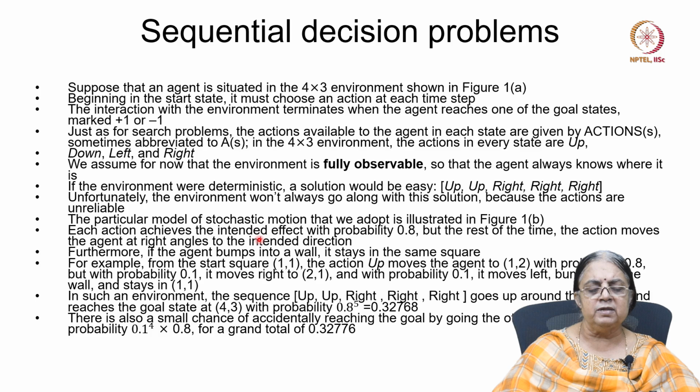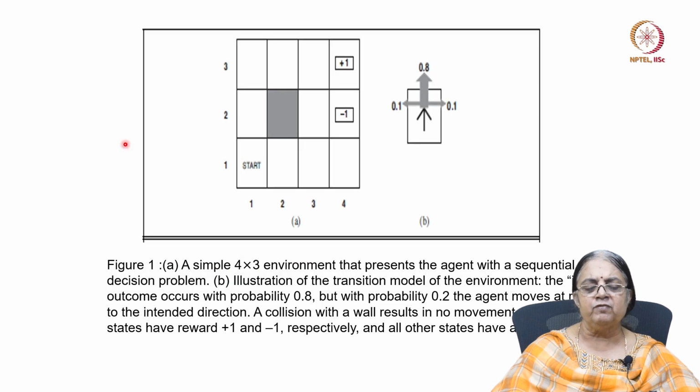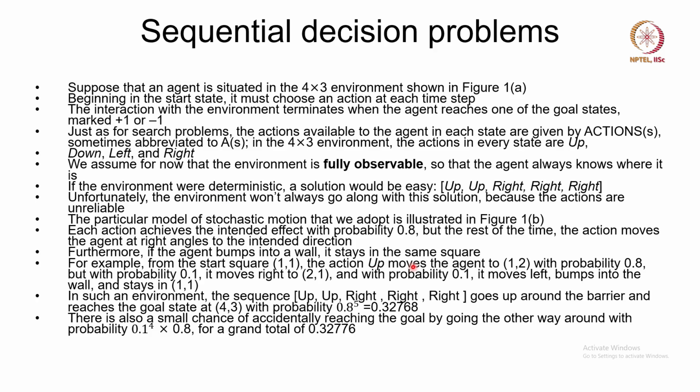So what we say is each action achieves the intended effect with probability 0.8, but the rest of the time the action moves the agent at right angles to the intended direction. If the agent bumps into a wall, it stays in the same square. In other words, if you say left from here, it just bumps into the wall and comes back into the same state.